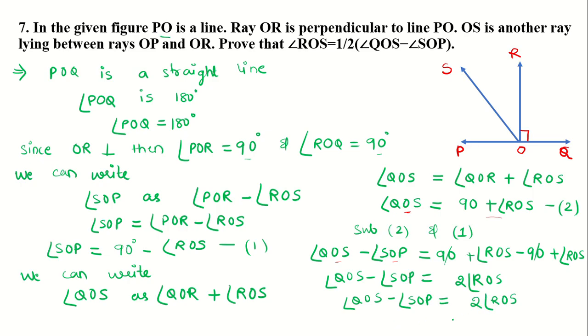If you take this 2 to your left side, it will become 1 by 2. So 1 by 2 of angle QOS minus angle SOP is equal to ROS. So, as asked in the question, we proved that half of angle QOS minus SOP is equal to ROS.